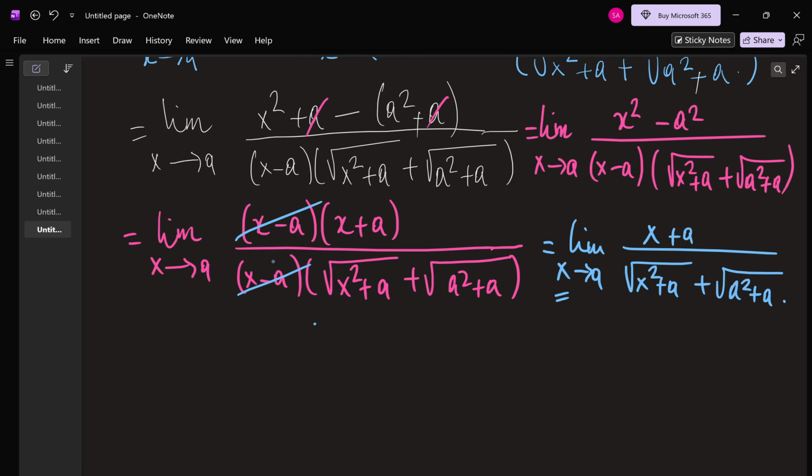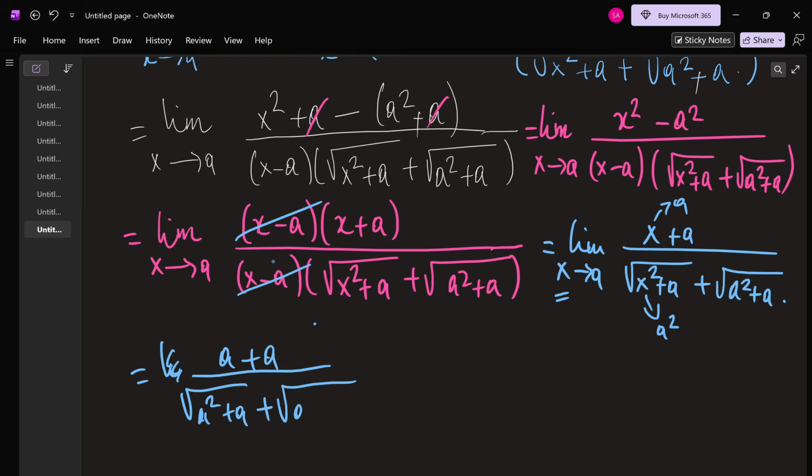Now as x goes to a, this x is going to a and this one will go to a squared. So all of this will equal a plus a over the square root of a squared plus a plus the square root of a squared plus a. And this is simply equal to 2a over 2 times the square root of a squared plus a.